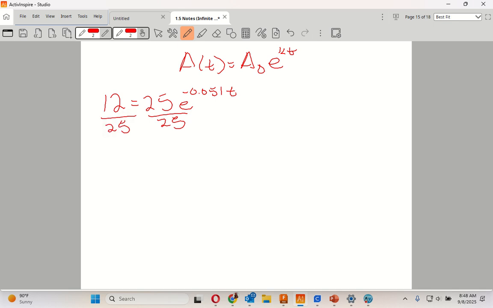So e to the negative 0.051 t, ln both sides, ln of 12 minus ln of 25 equals negative 0.051 t. And then I just divide by that value.